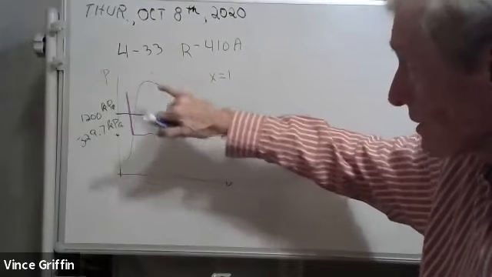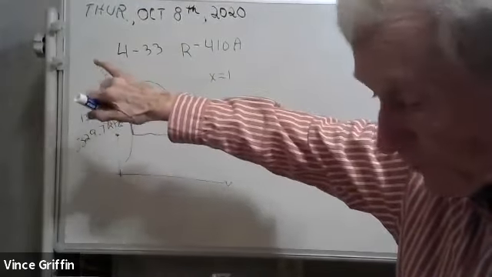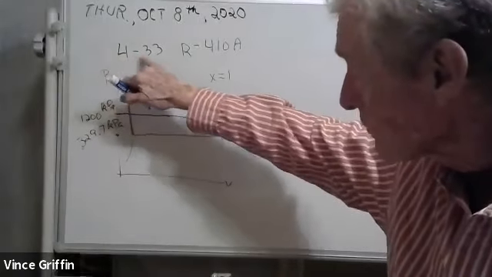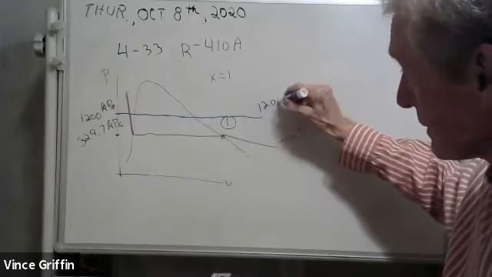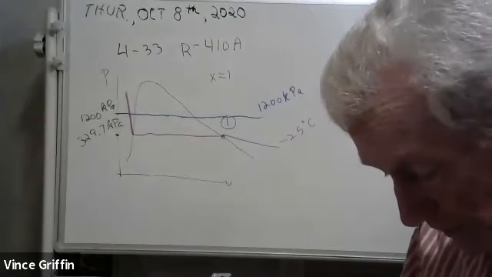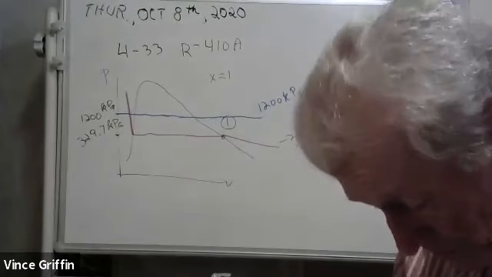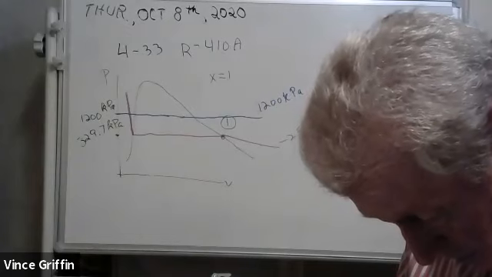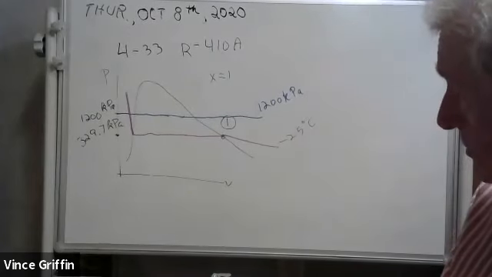If you just tuned in, I'm doing the PV graph for Mohammed for problem 433. And what I just drew is the 1200 kilopascal isobar. We know we're on that isobar because they said so. Read it. It says it exits at 1200 kilopascals and 60 Celsius.